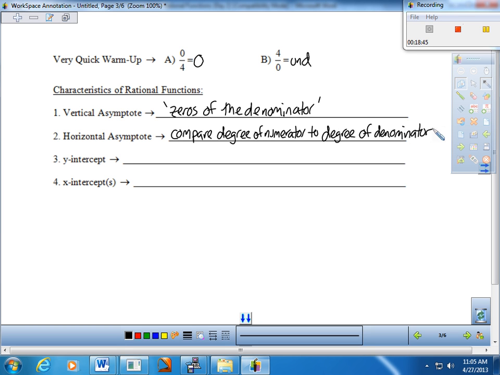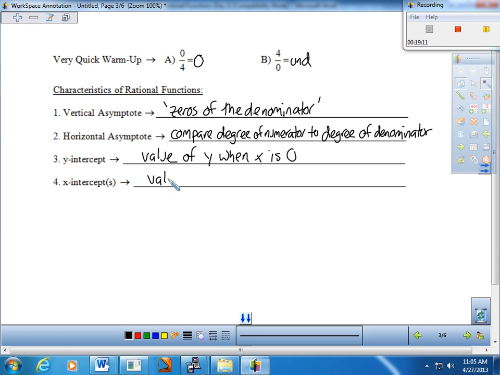Y-intercept, talk about y-intercept of a variety of functions, of course, and just in the most basic description, I'd say it's the value of y when the input, when x is 0. That's all. Now, here's the one I really like. What about those x-intercepts?